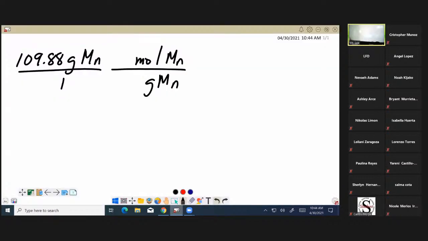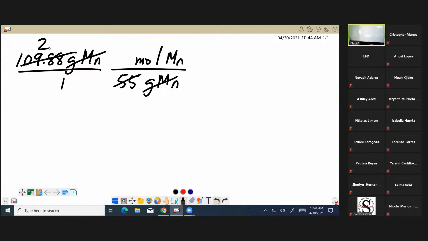Back here. So this will be 55 grams here. Okay. All right. Now look at this. 109.88 is approximately 110. Right? 110. 55 will go into 110 2 times. All right. So I can do this. I've got a 2 up here. Okay.